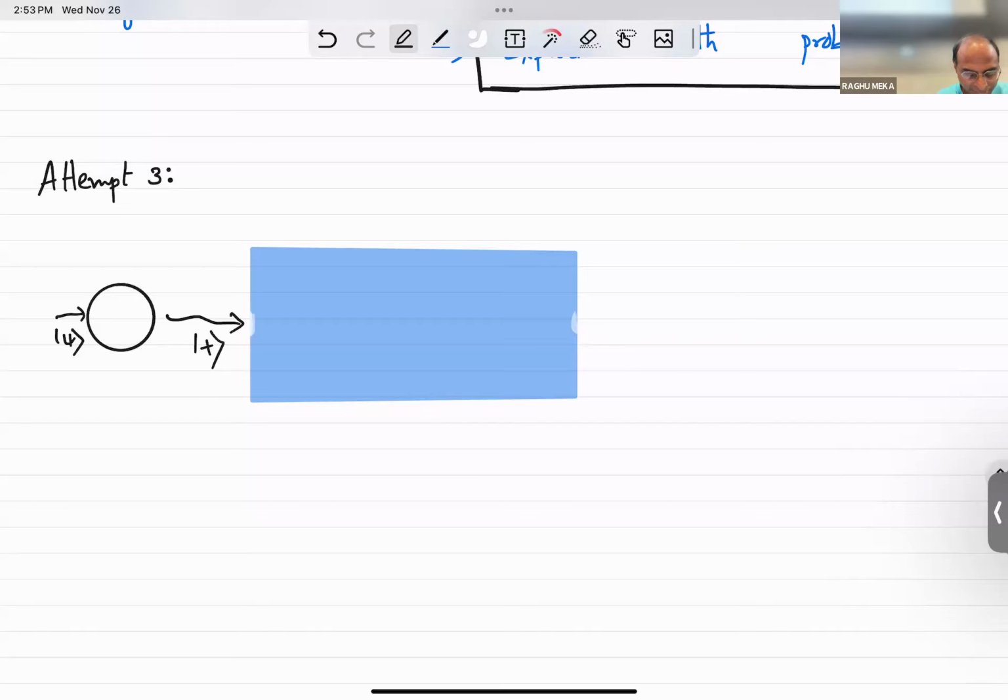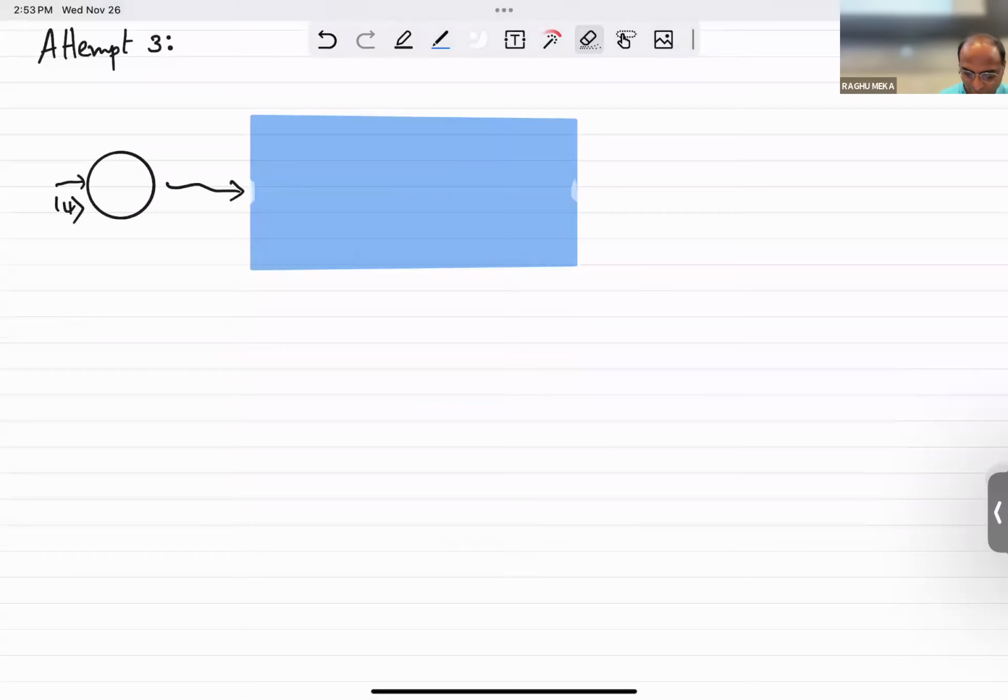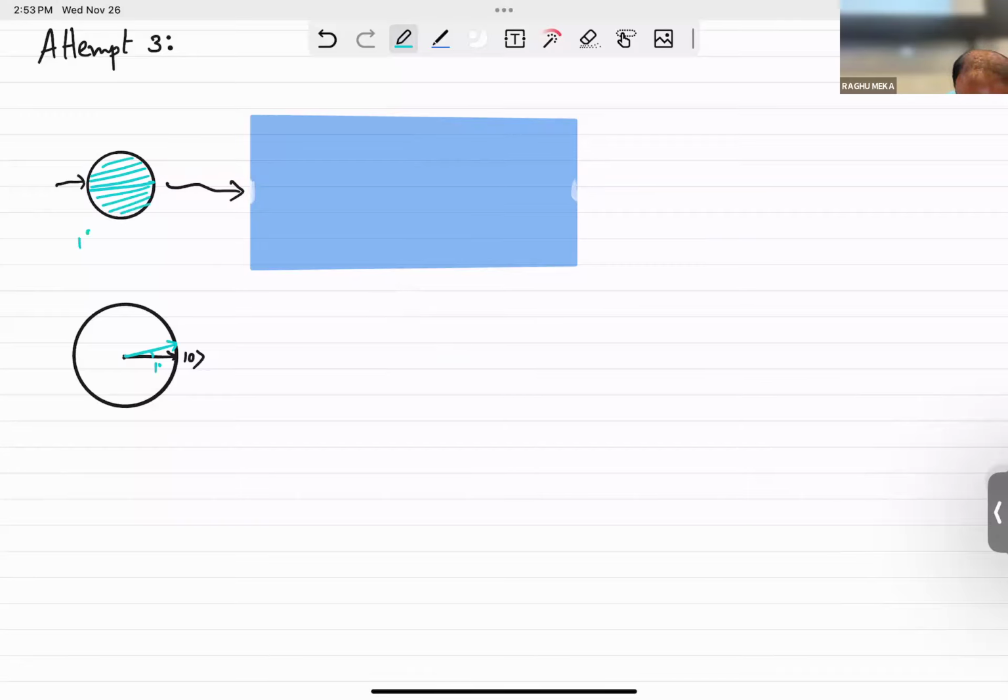Here my photon is at a slight angle to 0. So for example, let's say I choose my photon to be something like this. This is 0. And I choose, let's say, 1 degree, just to make up a number which is small. So I'm putting a filter which is slightly off horizontal, a 1 degree polarizing filter.